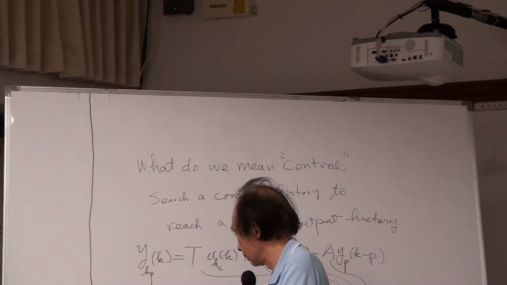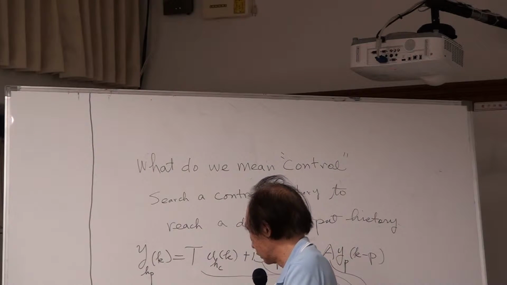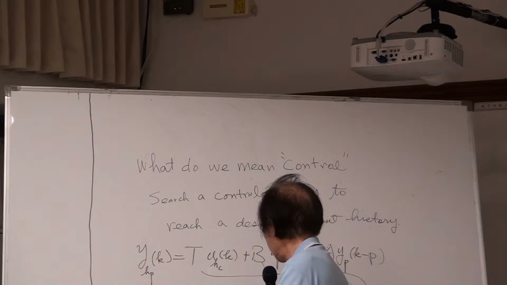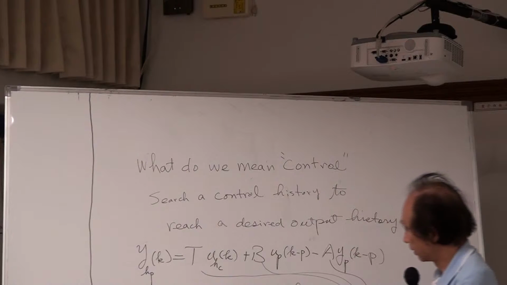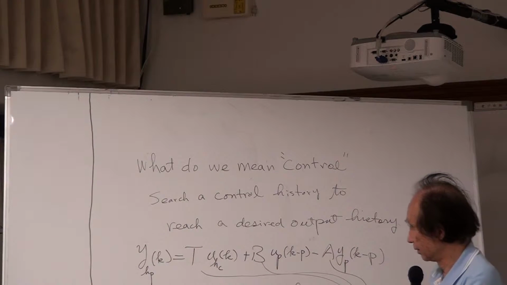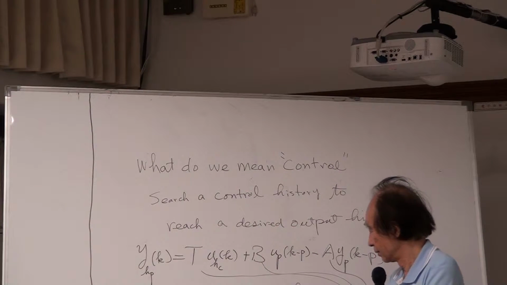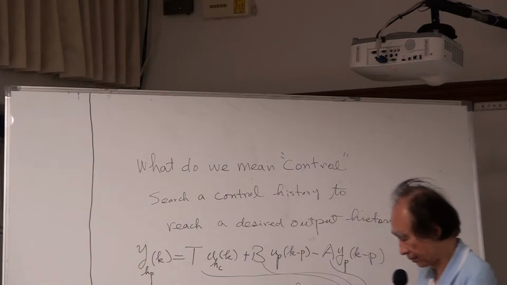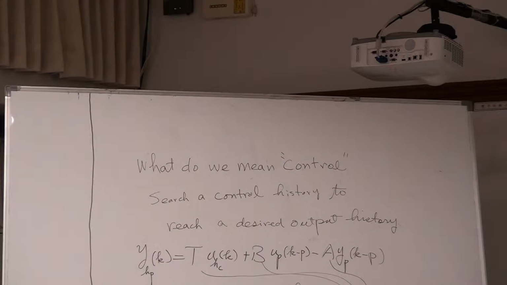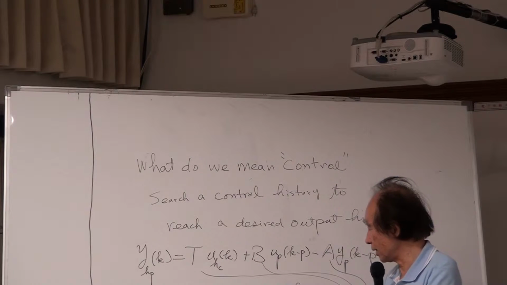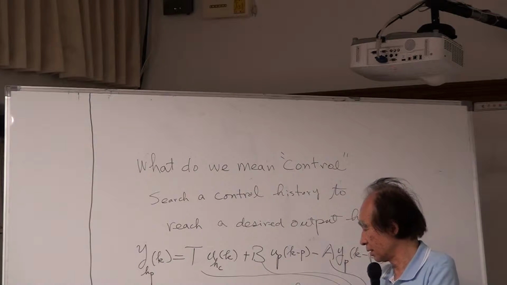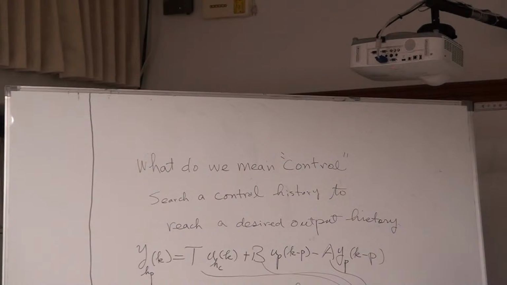What is the U PK? So if I am giving a desired Y PK, what is the desired U PK?